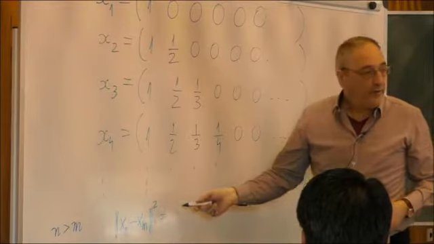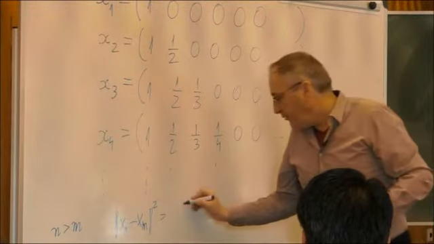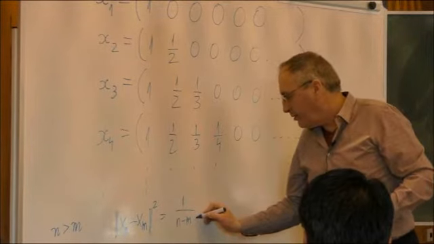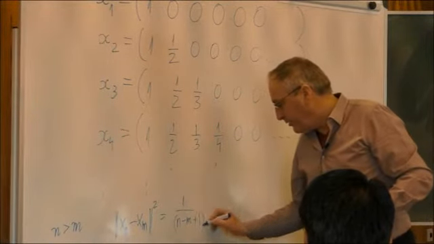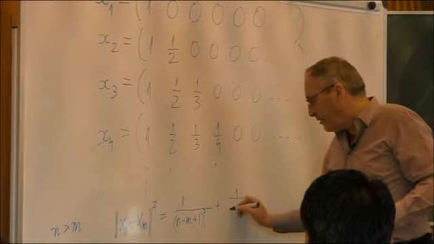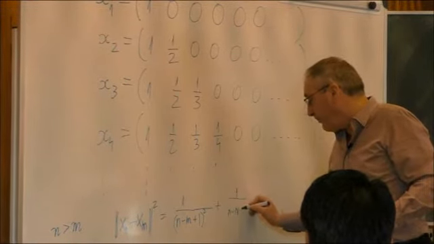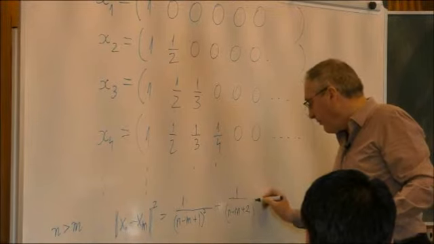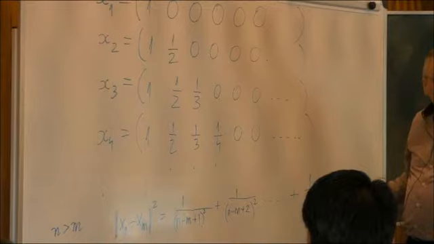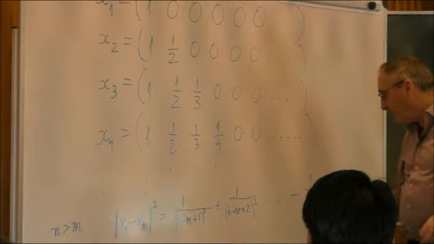So the norm is how much? Is 1 over n minus m plus 1 squared, plus 1 over n minus m plus 2 squared, and so on, up to 1 over n squared, right?